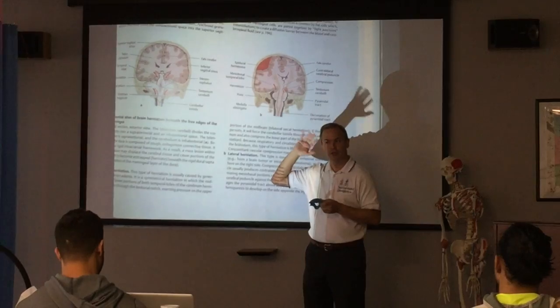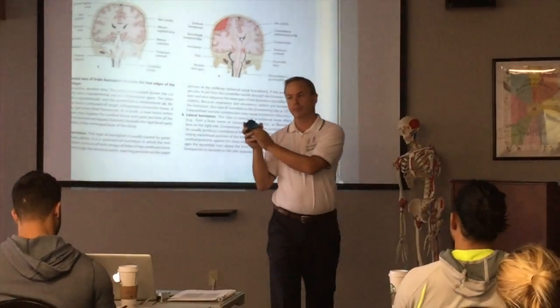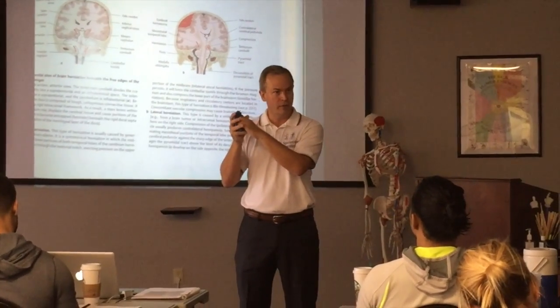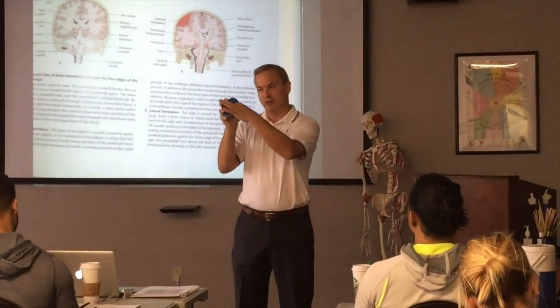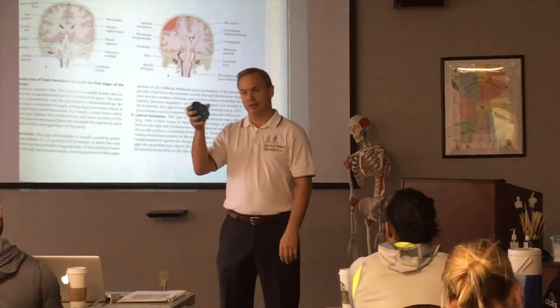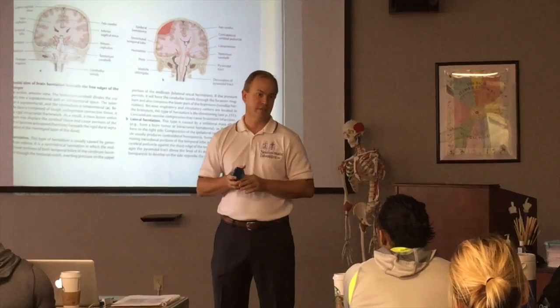The vision center got affected. Now, the vision center is in the occipital lobe, right? And you can see, if that occiput moves, wow, there's all sorts of structures around that. It's going to create a pretty large distortion and can create some visual disturbances.